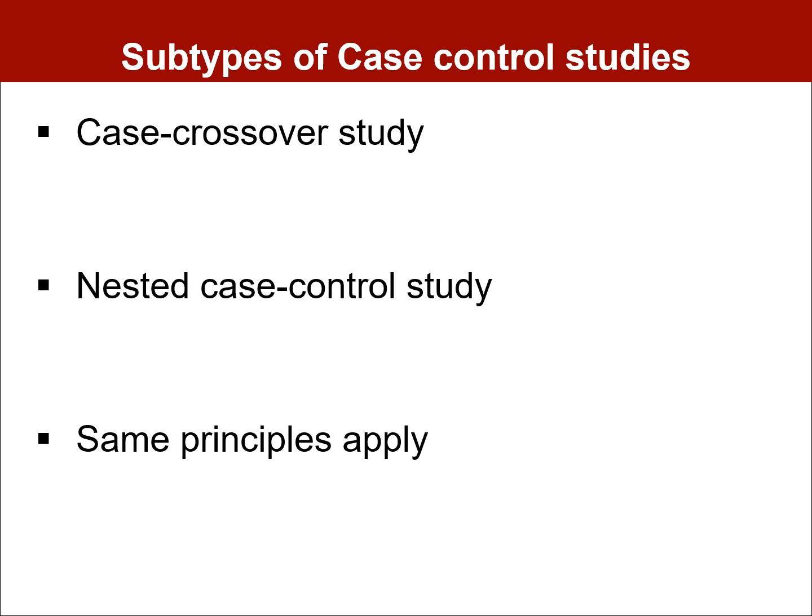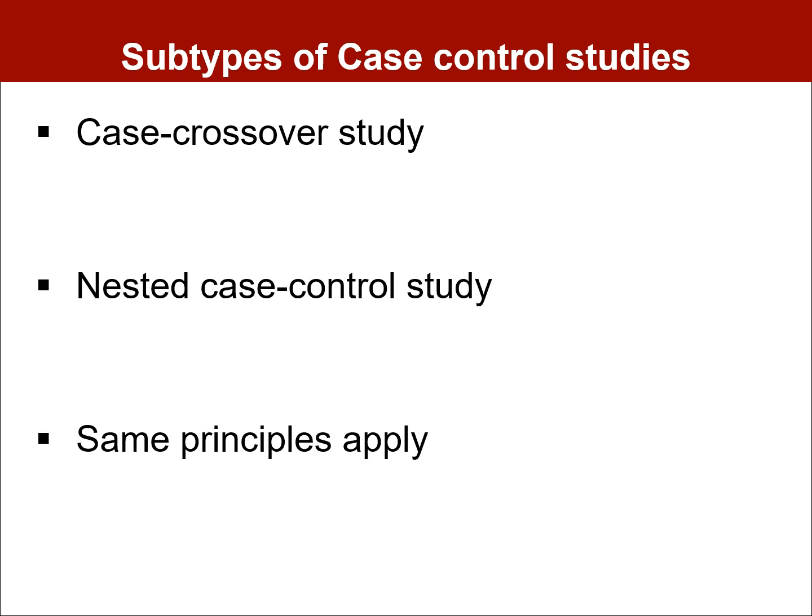For case control studies, we have several subtypes. So we have the standard case control study where, like I said, you have the cases, you have the controls, which could be one or more groups.